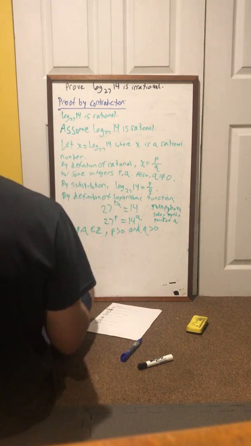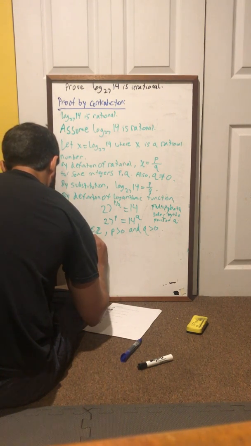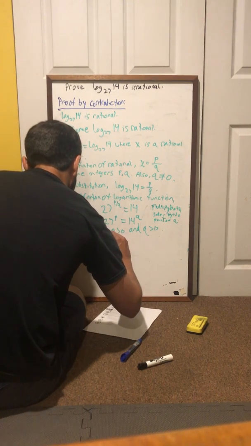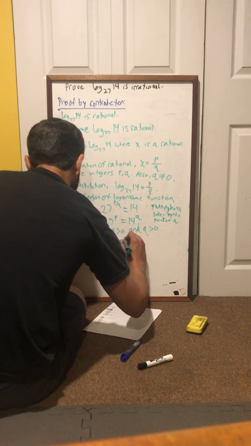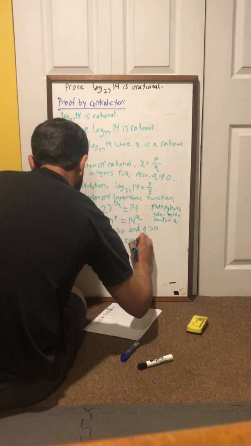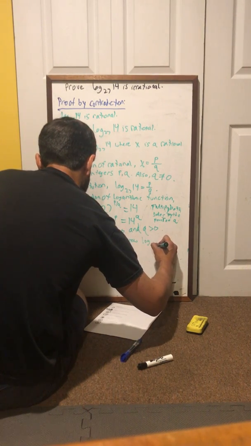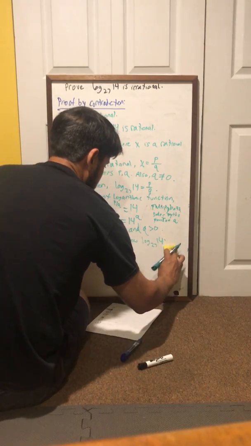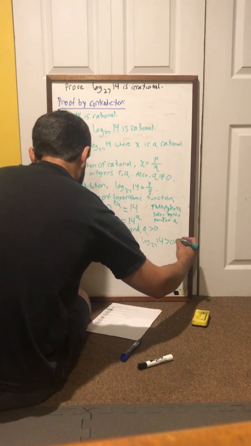Now using log base 27 of 14 equals p over q, we know log base 27 of 14 is greater than 0.